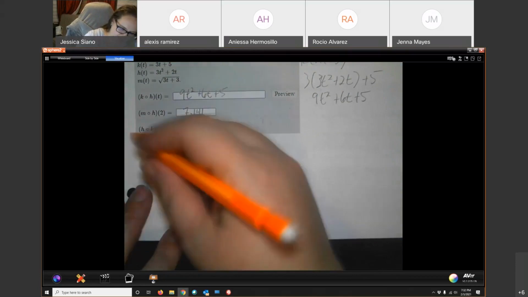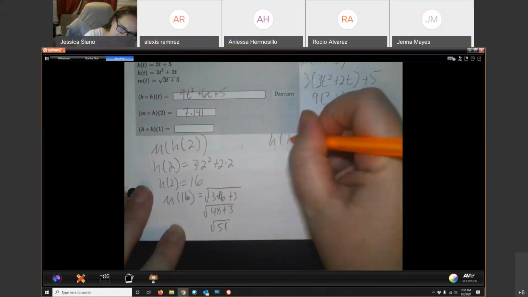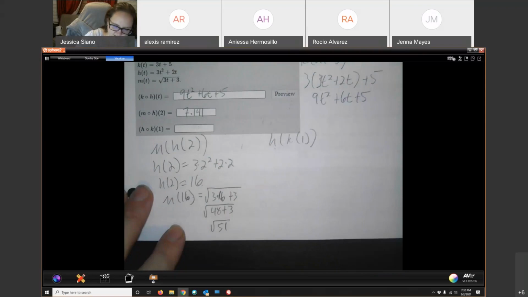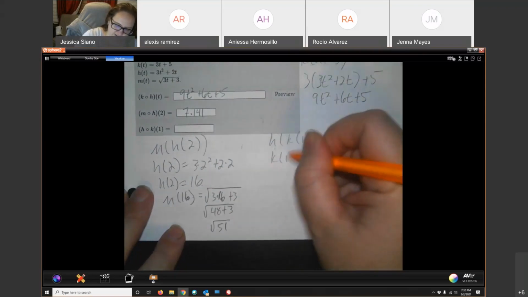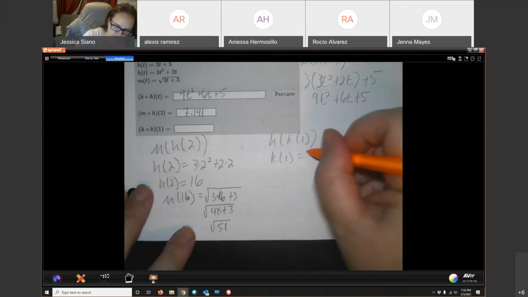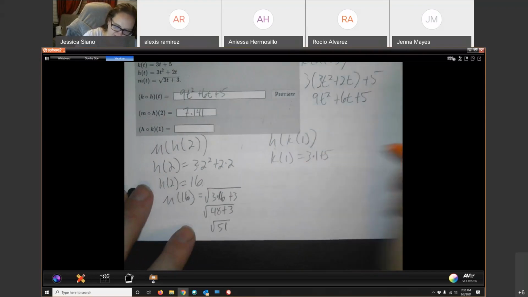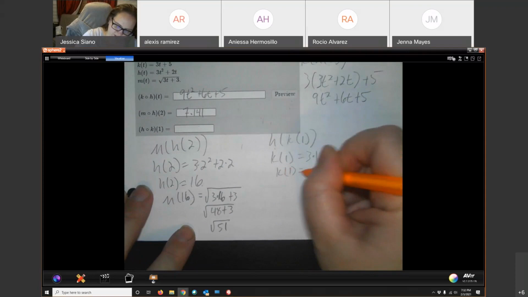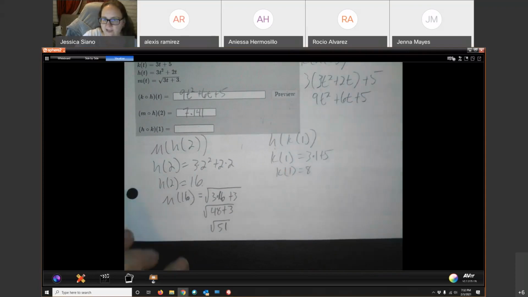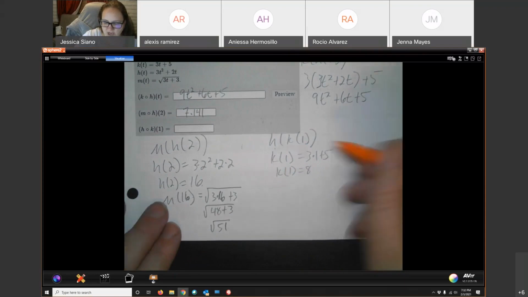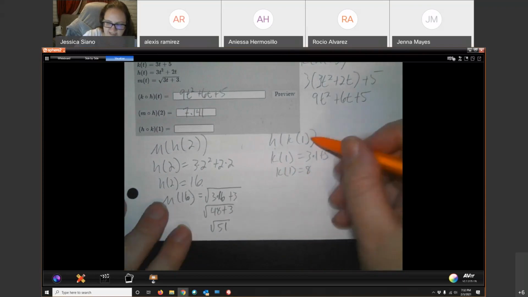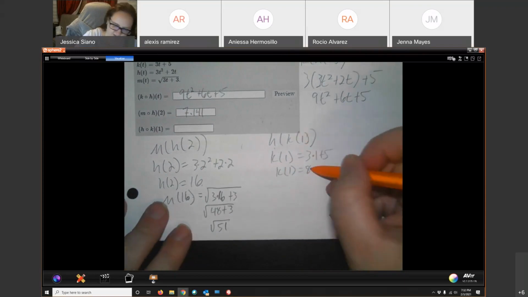And so then h of k of 1, so again, we're going to look at the inside first. K of 1 would be 3 times 1 plus 5, which means that k of 1 is 8. And since I know that k of 1 is 8, I can take this k of 1 and replace it with an 8.